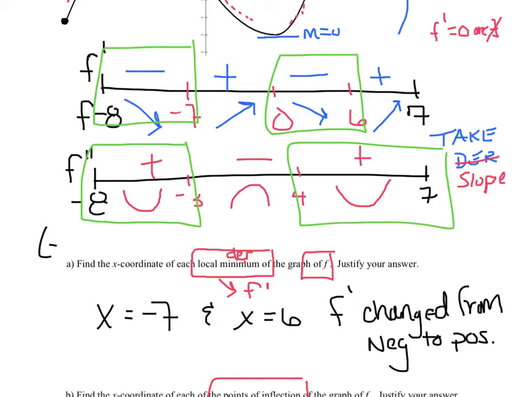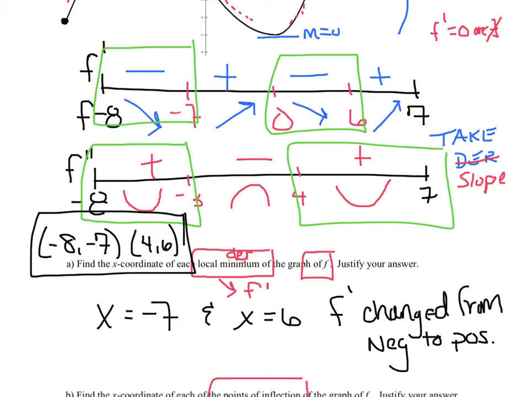I would say from -8 until -7, f double prime is positive, but f prime is negative. And then I could also say, if I've got from 4 to 7 and 0 to 6, the part that overlaps would be from 4 to 6. So I'm just looking for the part that overlaps. So in this section, f double prime is positive, but f prime is negative.